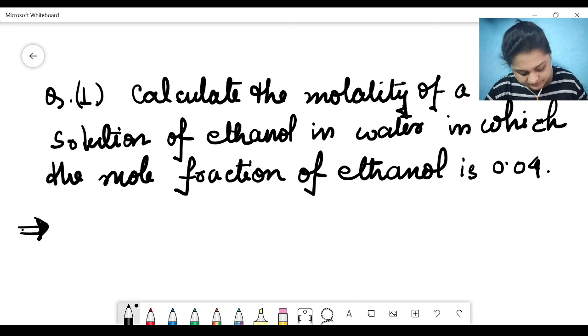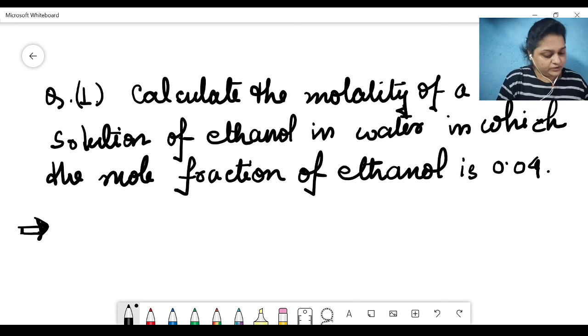This is the question. Calculate the molality of a solution of ethanol in water in which the mole fraction of ethanol is 0.04.